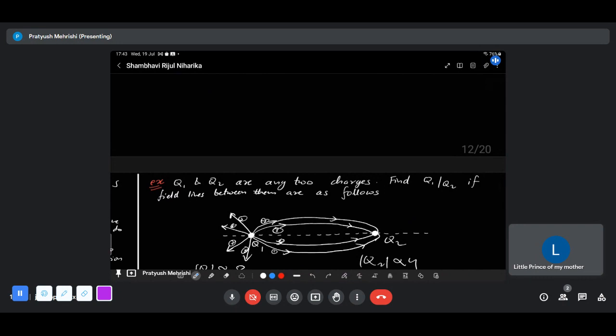Find the ratio Q1 by Q2 if the field lines between them are as follows. Yes, what will be the answer?